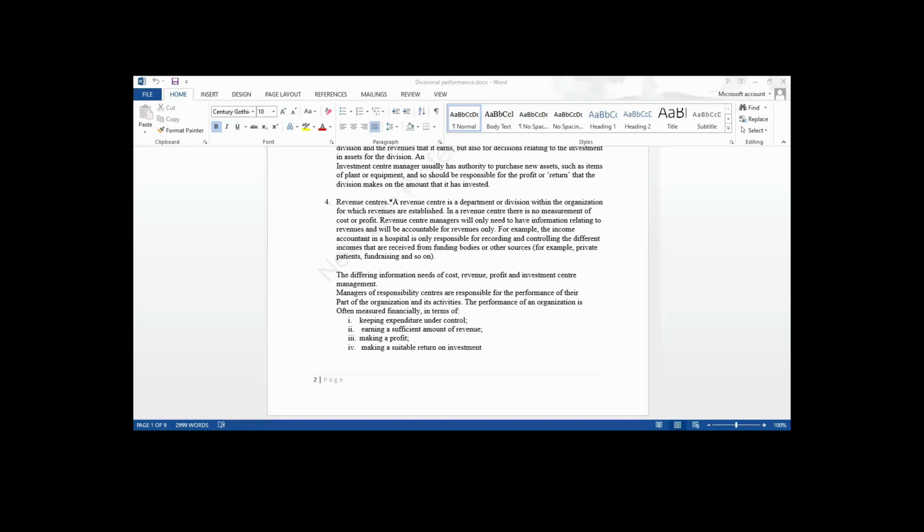Like if you look at the bursary department, when you go to pay your school fees, those days at the university, you just pay at the bursary. They will collect school fees from you. That is a revenue center. They are only meant to collect that money. They cannot spend the money. So please note it.